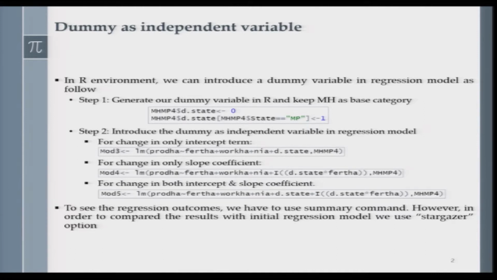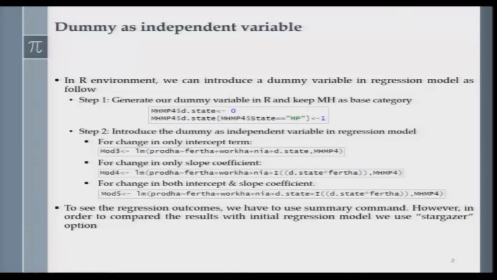For this exercise we are going to make use of the data set that we used in lecture number 40, the last lecture, where we used the agricultural data at district level from two states, Maharashtra and Madhya Pradesh. If you remember, in that data set we had one variable which was qualitative in nature, and the name of the variable was state, and it has two labels, MP for Madhya Pradesh and MH for Maharashtra.